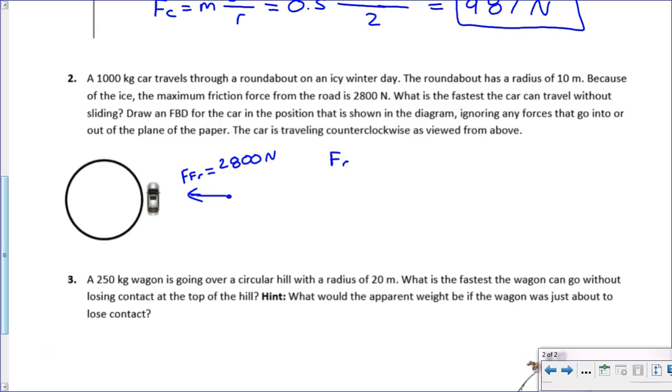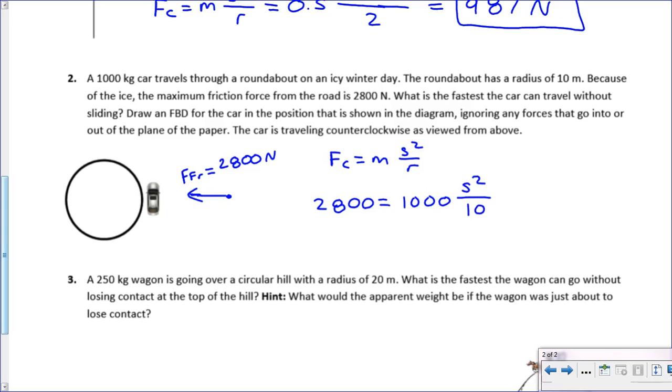And again, we're looking at Fc equals m s squared over r. Okay, so we know 2,800 equals 1,000 times s squared over the radius, which in this case is 10 meters.